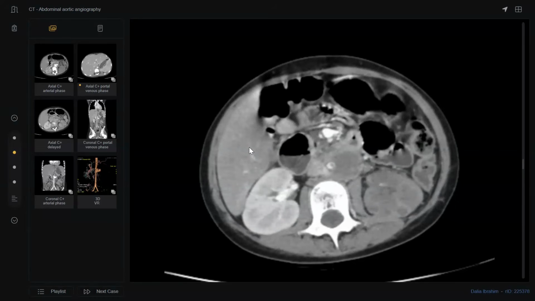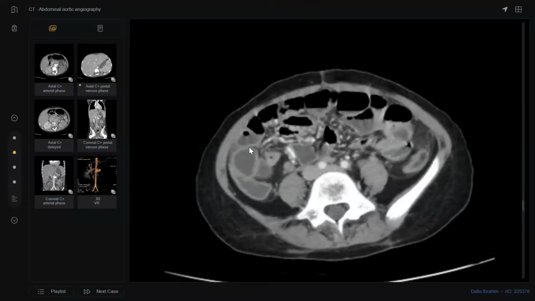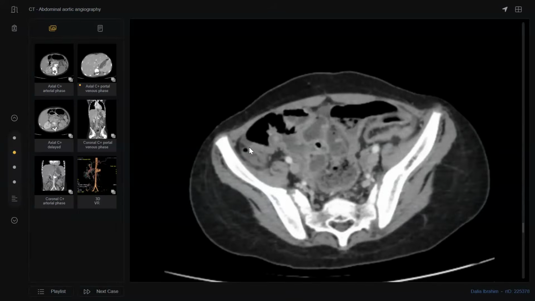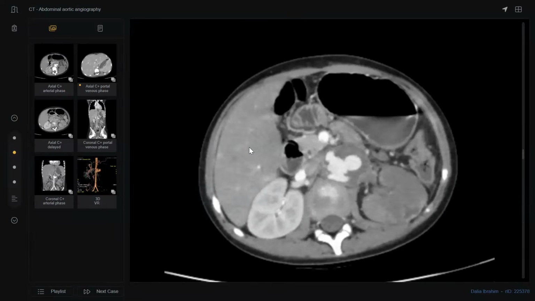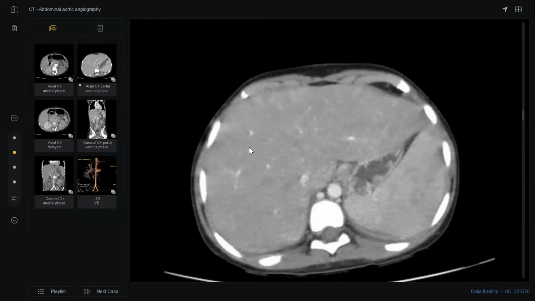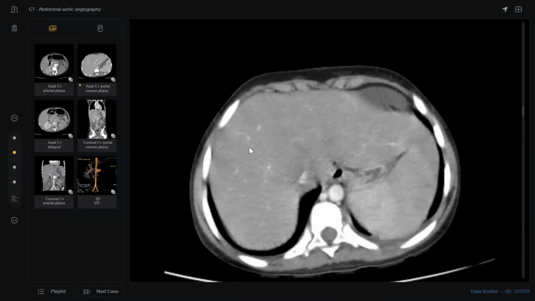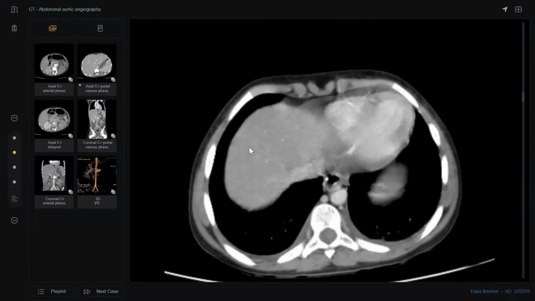So almost there is one main source of this pathology. Go down, nothing else. Go up. So this patient is suffering from septic emboli. So I'm dealing with a 9 years old female patient with septic emboli affecting the aorta, spleen, and kidney.